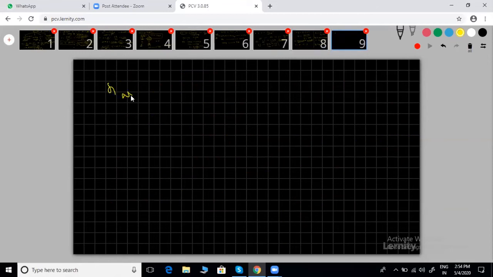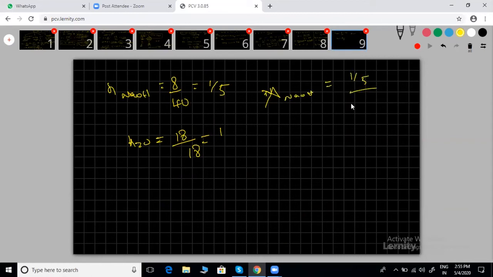N of NaOH is 8 by 40, 1 by 5. Then H2O, 18 by 18, 1. Then mole fraction of NaOH equals 1 by 5 by 1 plus 1 by 5. So we'll get approximately 0.167.